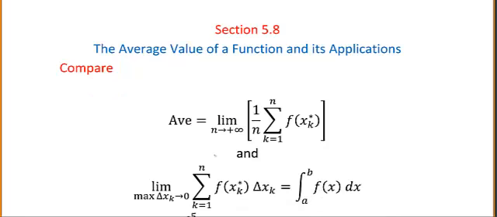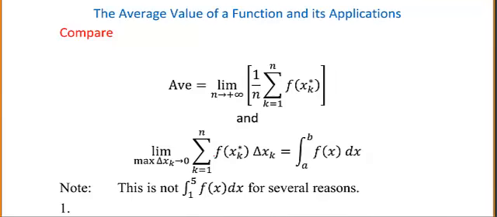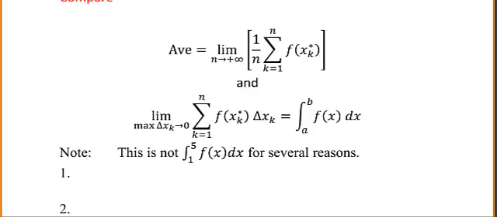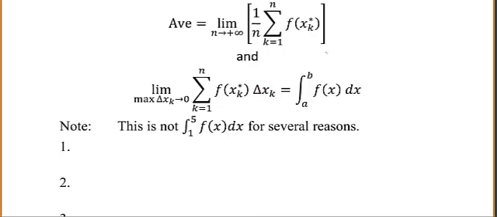Let's see. I want to compare a couple of things here. Notice that this limit that we're going to use to compute the average value, we sum up function values and divide by the number of them, and let the number of them go to infinity. I want to compare that with the definite integral, and there are a couple of differences I have to keep in mind. First off, in the definite integral, I have this delta x sub k factor, which I don't have in the summation that I use to calculate the average.